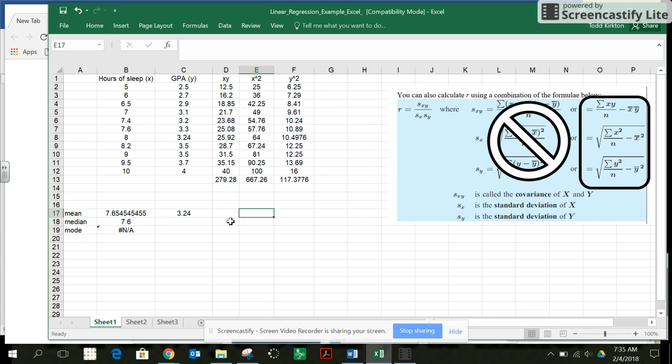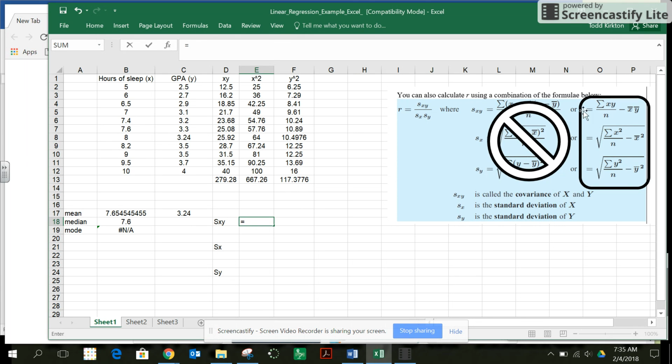All right, so the R value comes from three things. It comes from what's called the covariance, the standard deviation of X, and the standard deviation of Y. There's different ways to calculate standard deviation. We're going to use these formulas over here. So for the covariance, I hit equals.